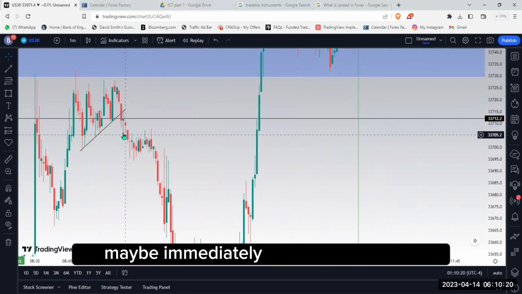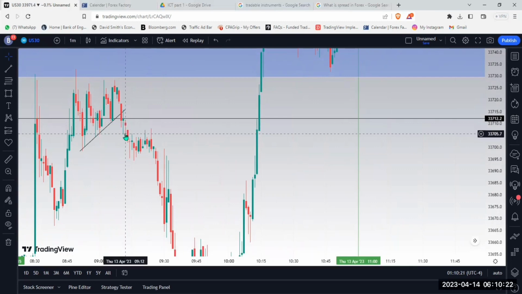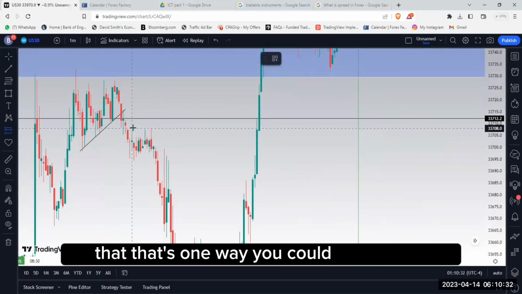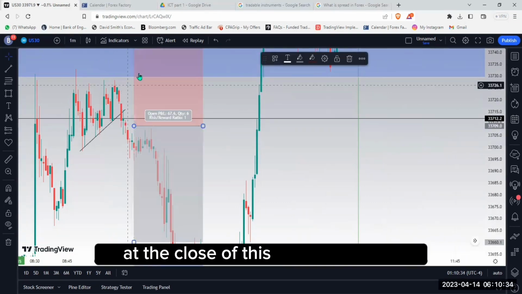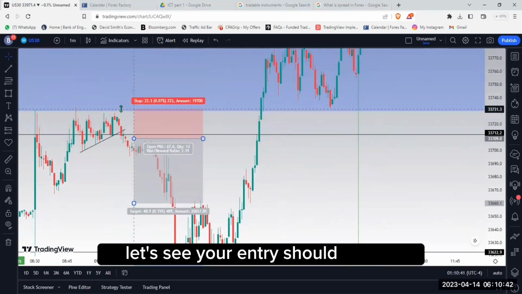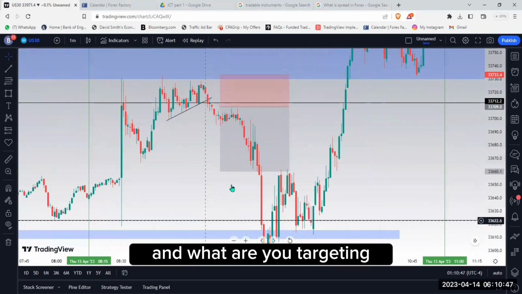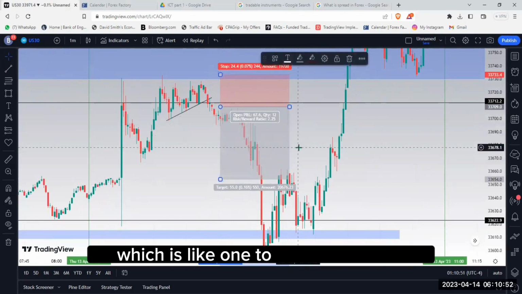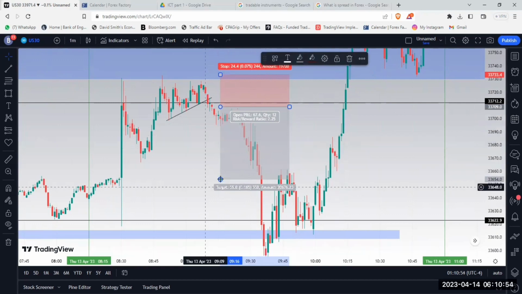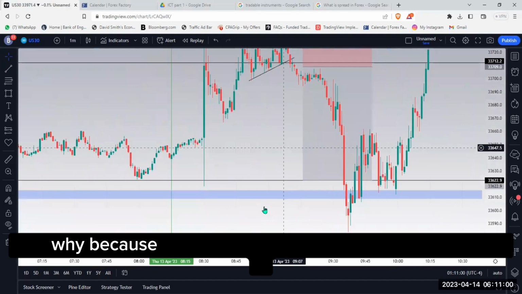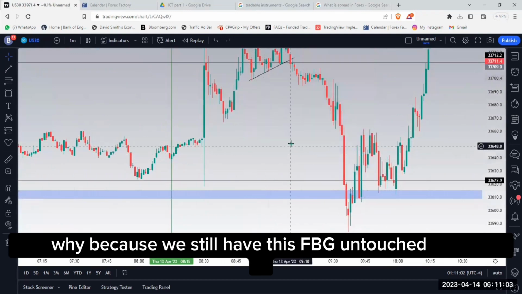Maybe you make your entry here and your SL will be here. That's one way you could make entry at the close of this particular candle. You're possibly targeting 1 to 2 risk to reward, and you can still target this relative equal low, because we still have this FVG untouched.